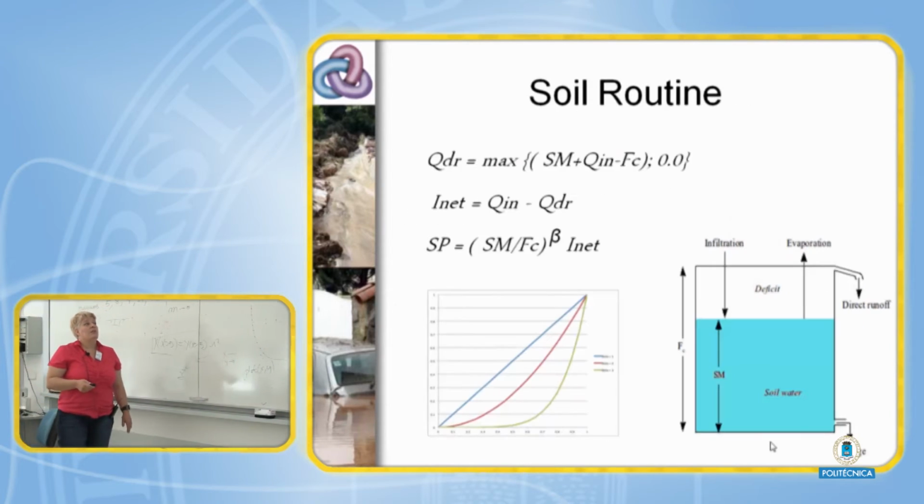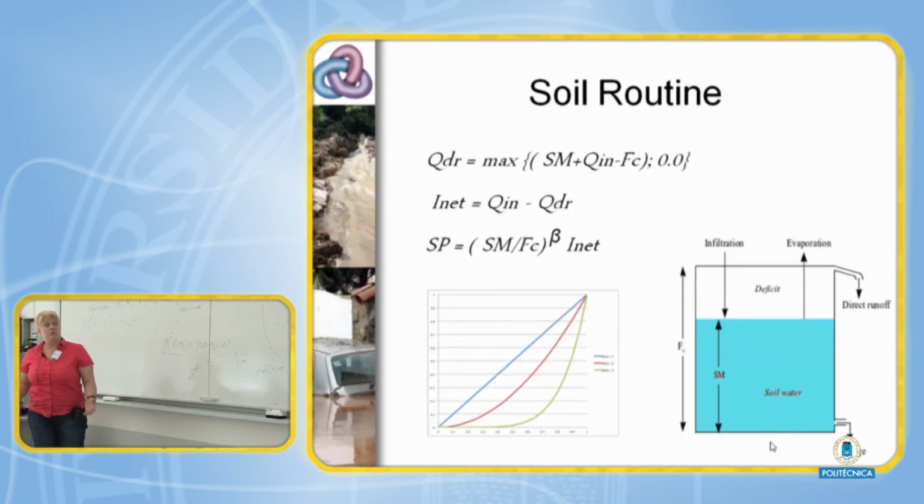The next phase is the soil routine. This represents the soil. The water coming from the snow routine and from the interception routine is now ready for infiltration. But the soil is defined to have a limited liquid water content. So if we have more water, it will go out as direct runoff.